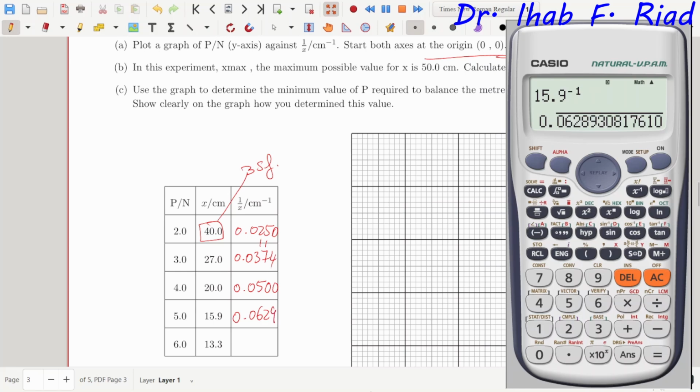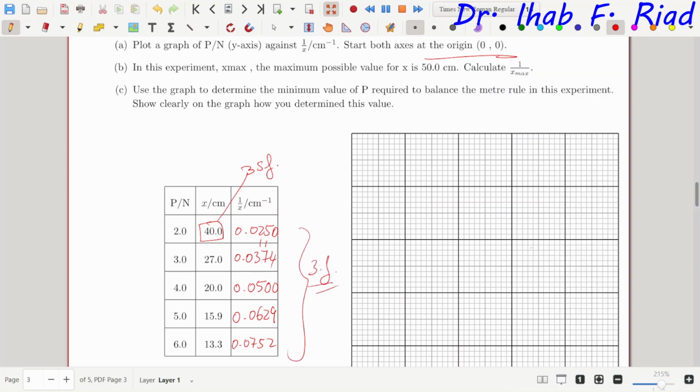Okay, the last one, 1 over 13.3 is 0.0752. We are keeping it to three significant figures since the original values of x have three significant figures.